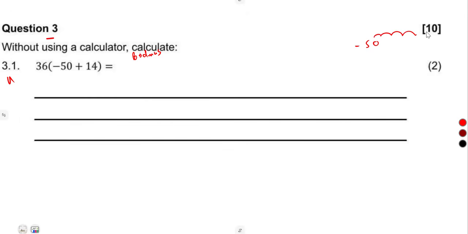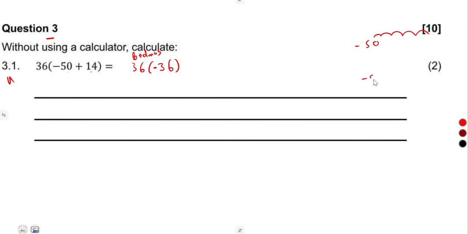That's a positive to the right. So what you simply do is subtract these two, 50 minus 14, then you use the sign of the bigger number. That's 36, but you take the sign of the bigger number, so it will be negative 36.